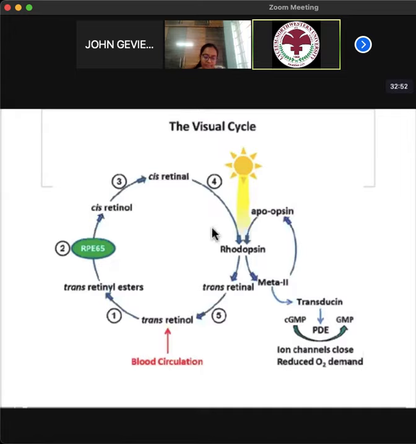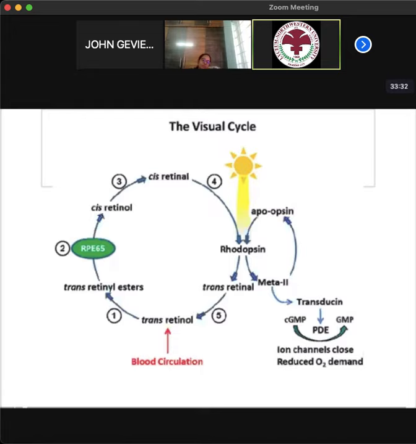Your 11-cis retinol is then oxidized by the 11-cis specific retinol dehydrogenase to form the visual chromophore, the 11-cis retinal. The visual chromophore is delivered to the rod outer segments of the photoreceptors, where it combines with your opsins to form the visual pigment or rhodopsin. The light activation of rhodopsin initiates visual transduction processes and liberates the all-trans retinal as a photoproduct.